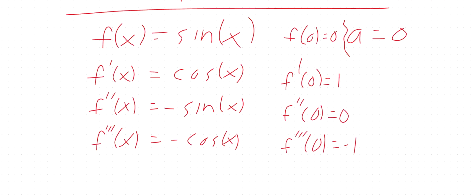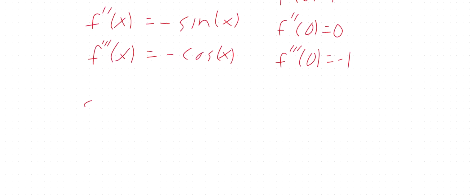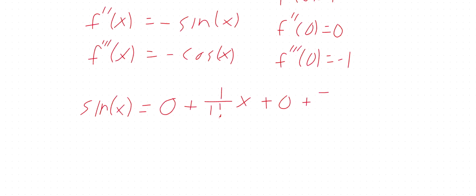So when we're writing out our summation, it's going to be 0 plus 1 over 1 factorial times x minus or plus 0 plus negative 1 over 3 factorial x cubed plus x to the fifth.